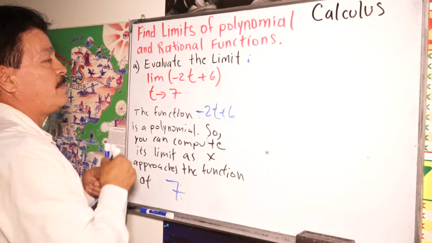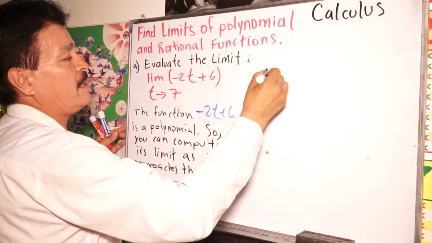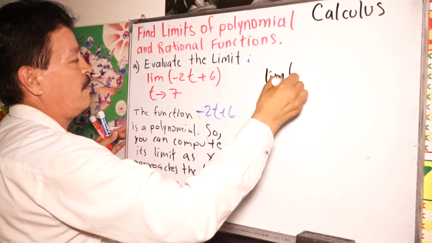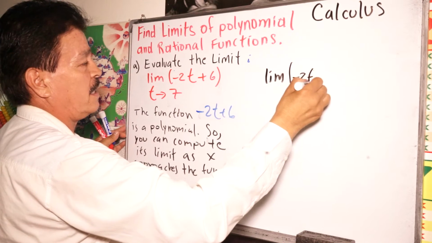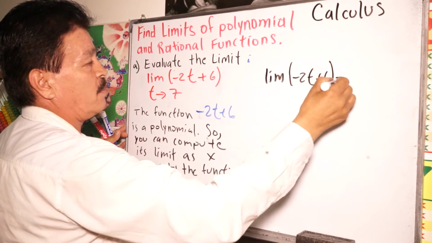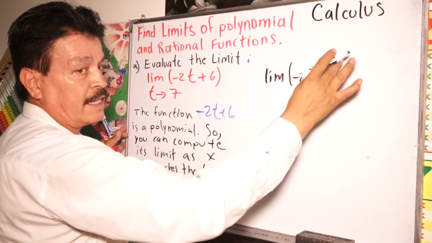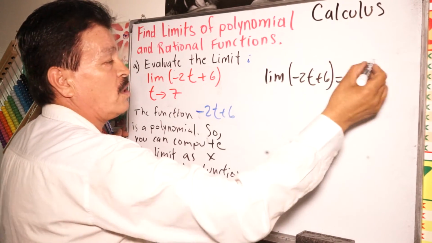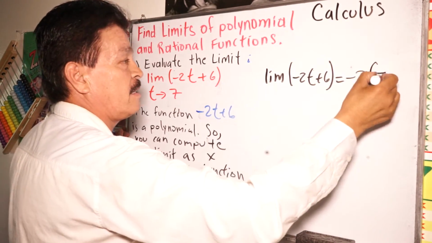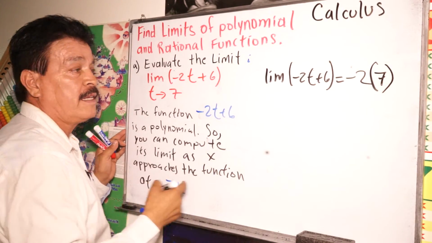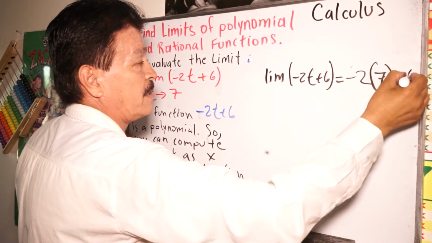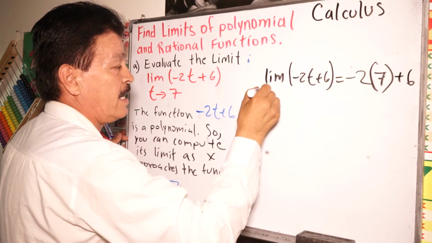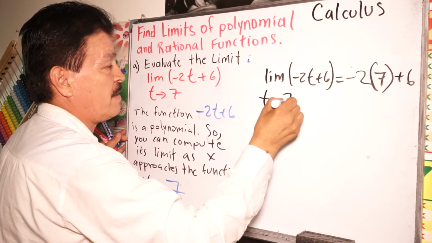Very easy. So the solution: the limit of -2t plus 6 equals -2 times 7, plus 6 when t approaches 7.